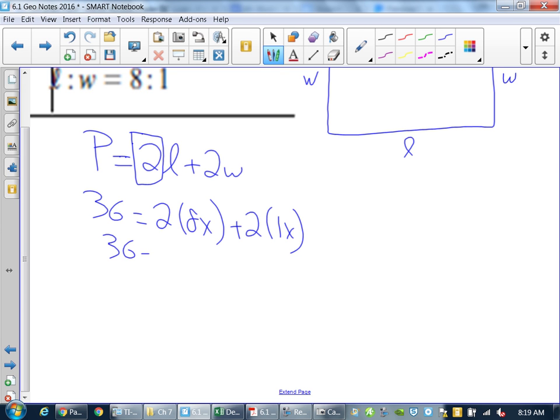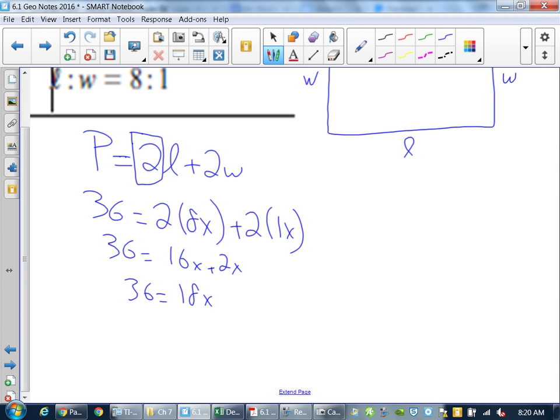So we have 36 equals 16x plus 2x, which is 36 is 18x. What's x? Divided by 18. See how that works? The idea is that we're still using the same process of throwing an x value in on the ratio, but you have to remember that we have this 2 out in front of it for the perimeter to work.